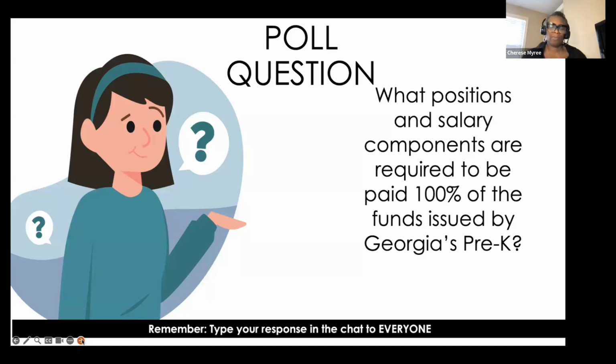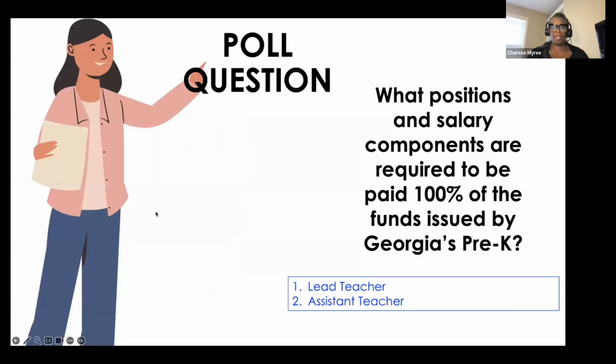You can type your response in the chat. Very good. So lead and assistant teacher, right? 100%. So that supplemental portion, the base portion, all the components of the lead teacher salary and assistant teacher salary.